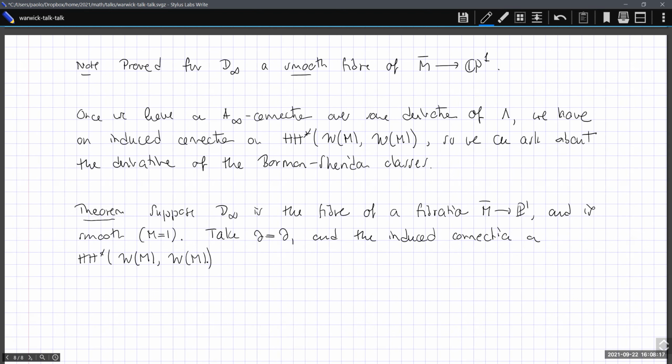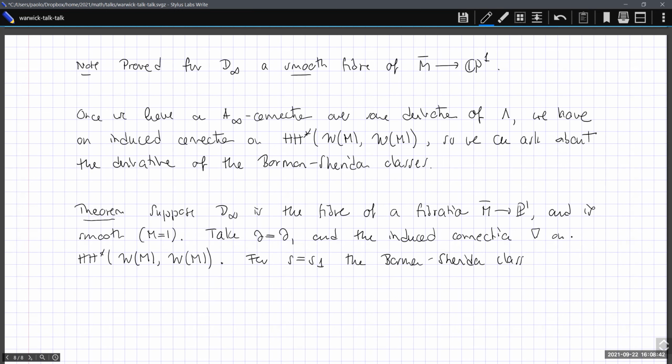So now we have a fibration with anticanonical fibers, working in the complement of one such fiber. This is the Borman-Sheridan class S. Let me write the induced connection again as this.